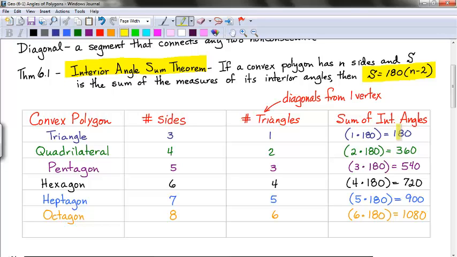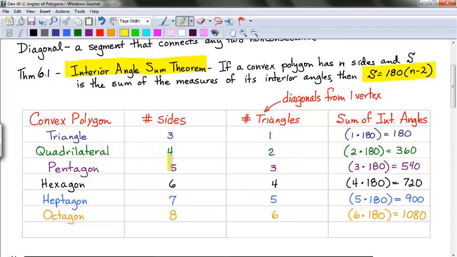That one you already know is 180. If you do a quadrilateral with four sides, like a rectangle or a square, the sum of the interior angles is 360, because you've got usually 4 times 90, but this might be a quadrilateral that is not a rectangle and not a square, but the sum of the interior angles is still 360.